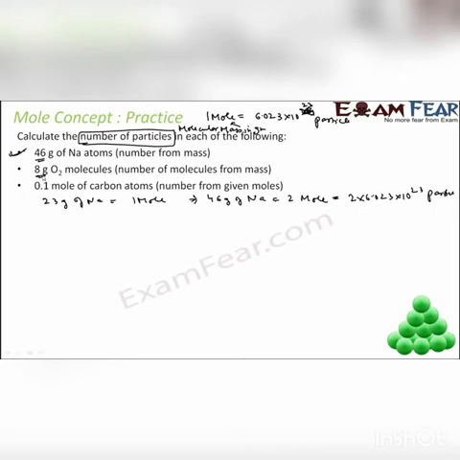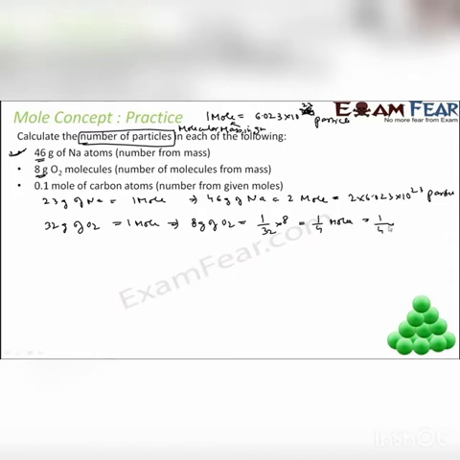First part is done. Second part, similar, 8 gram of oxygen. So we know that oxygen 16 into 2, 32 gram of oxygen molecule implies 1 mole. So 8 grams of oxygen molecule will imply 1 by 32 into 8. These many moles? 1 by 4 moles.